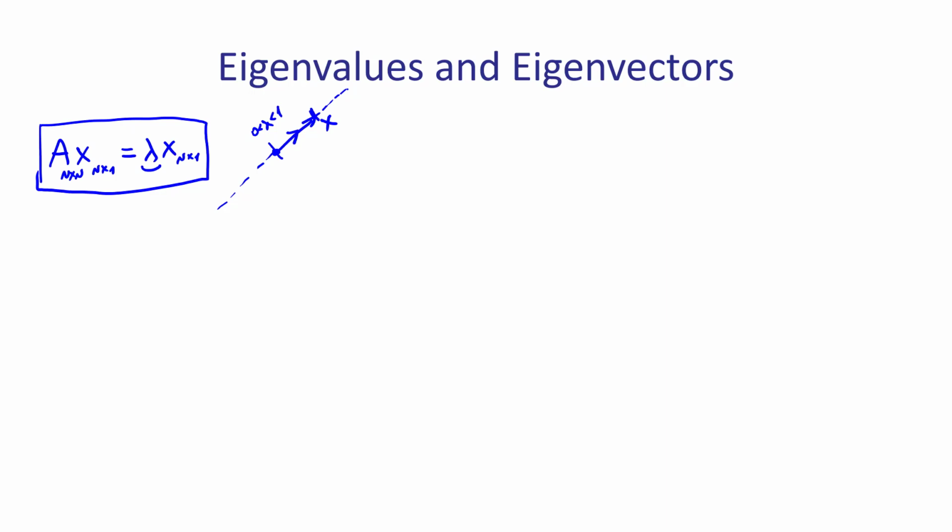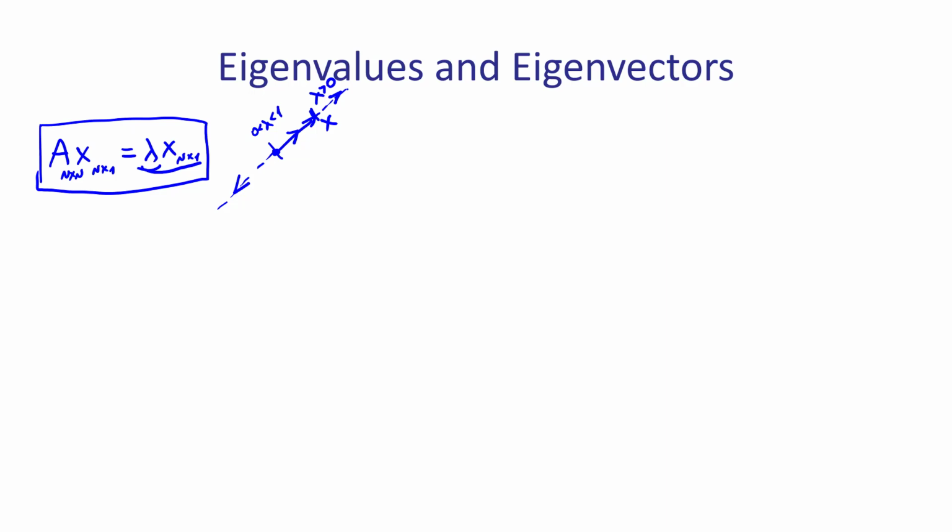If lambda is larger than 1, then the result of multiplication of lambda by x will be somewhere here. If lambda is negative, then the result will inverse the direction and the output will be in the negative direction but on the same line. So this is what it means to multiply a scalar by a vector.